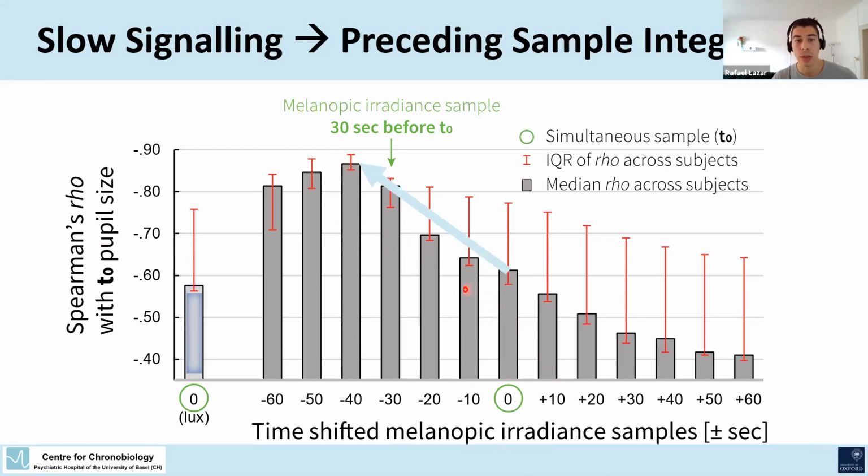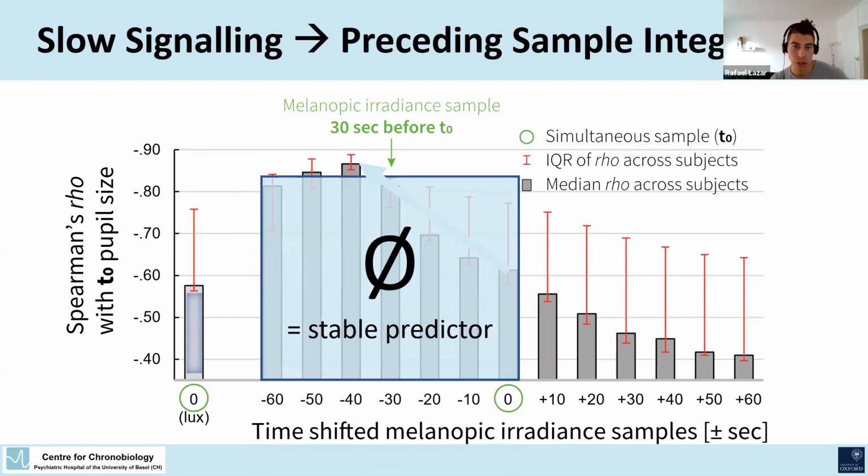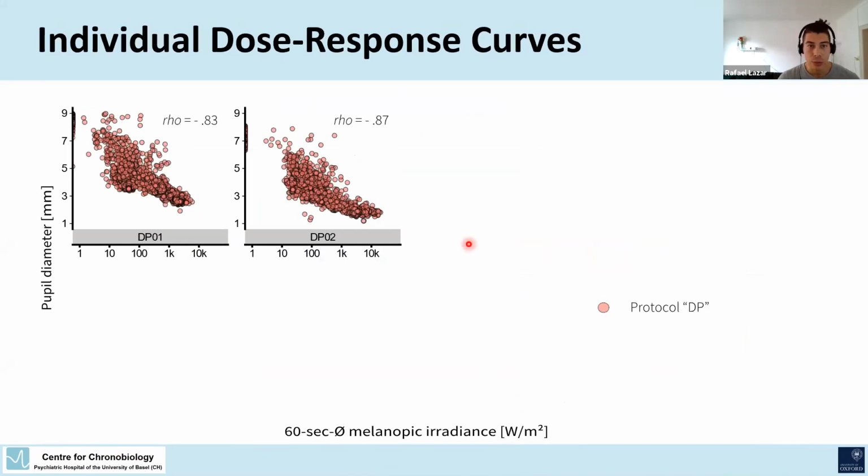than with the simultaneous ones, which would actually be consistent with the idea of melanopsin being a sluggish signaling photoreceptor. So conservatively, what we did here is we averaged the 60-second window of light measurements and predicted this one pupil size measurement from it. And we can plot this in individual dose response curves.